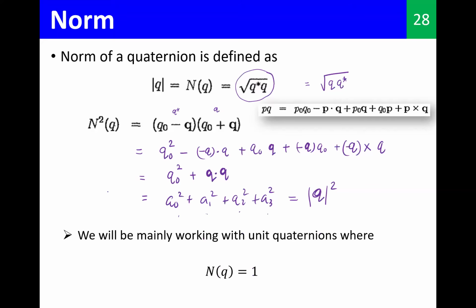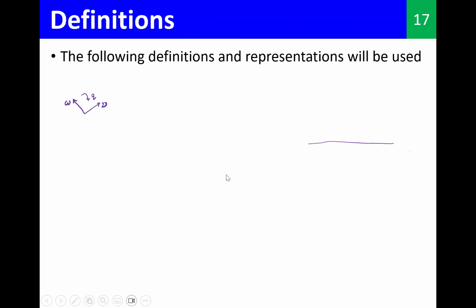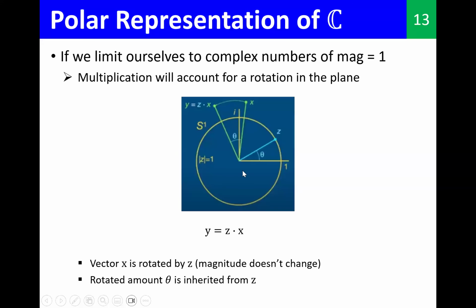And if we restrict ourselves to unit quaternions, that means your norm is 1. Now unit quaternions will be important, just similar to what I introduced for the usual complex numbers here. You can see the unit complex number was special in this case.